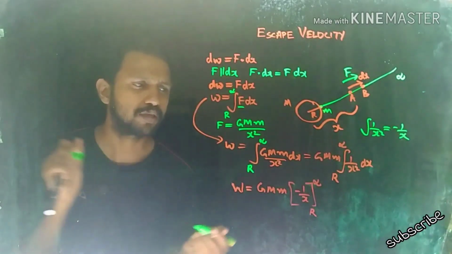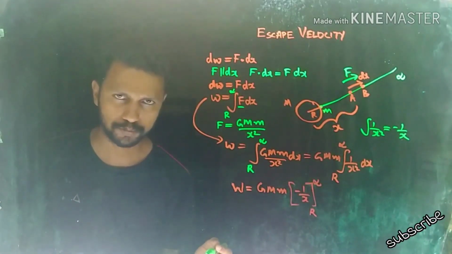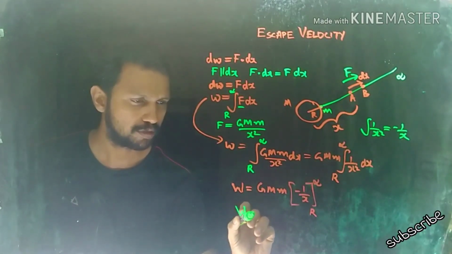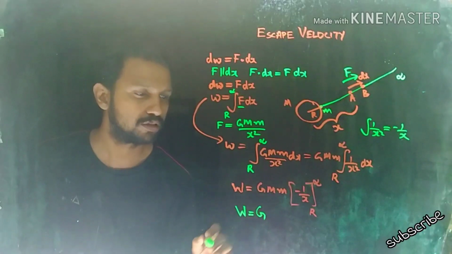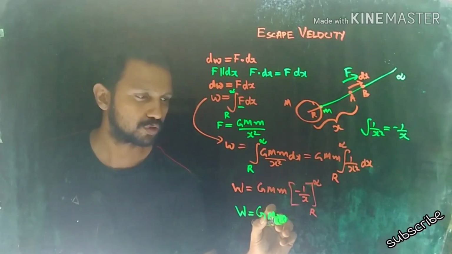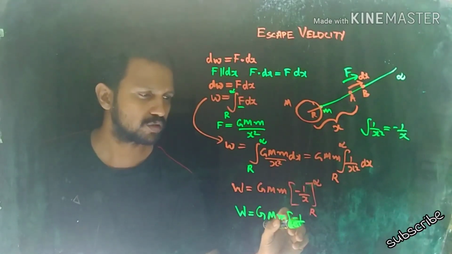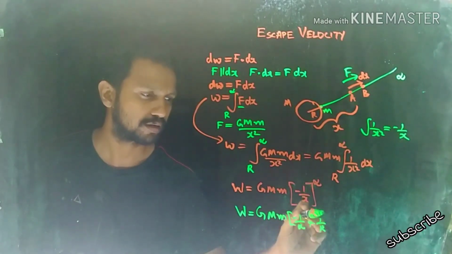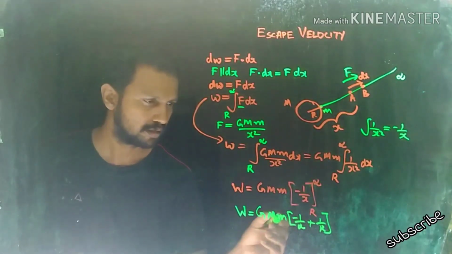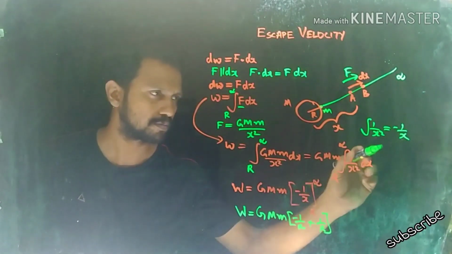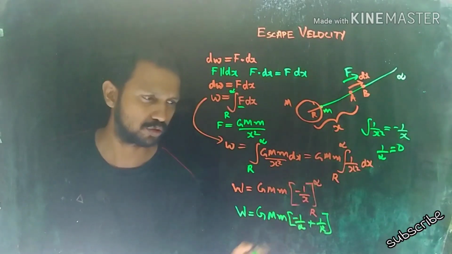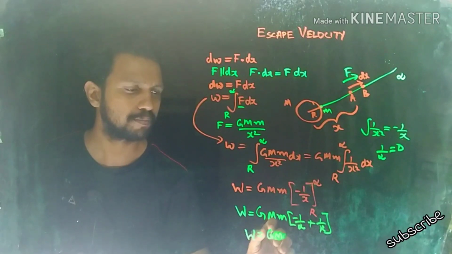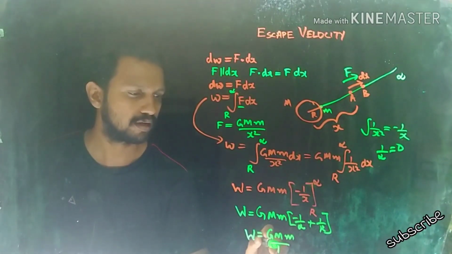Then we have to substitute upper limit minus lower limit. W is equal to G capital M small m times minus 1 by infinity, minus of minus means plus 1 by R. Then what's 1 by infinity? 1 by infinity is 0. Therefore, the answer for work will be G capital M small m divided by R.